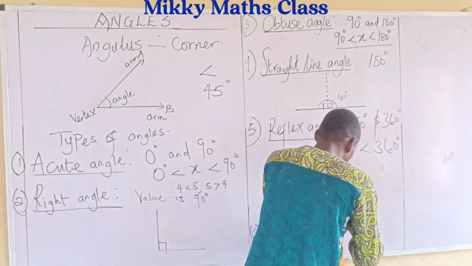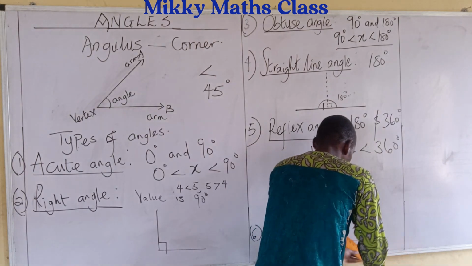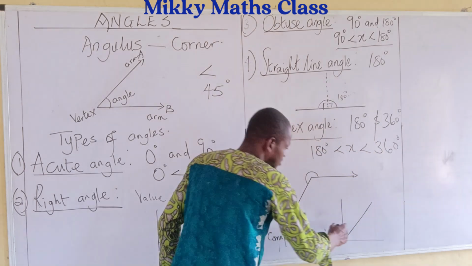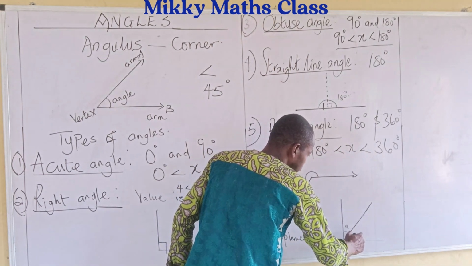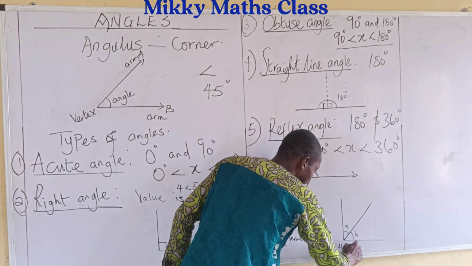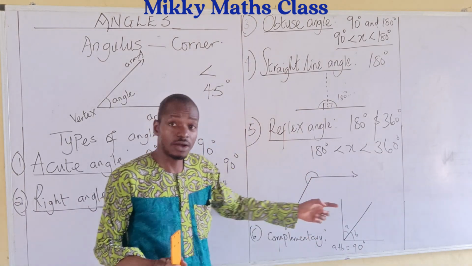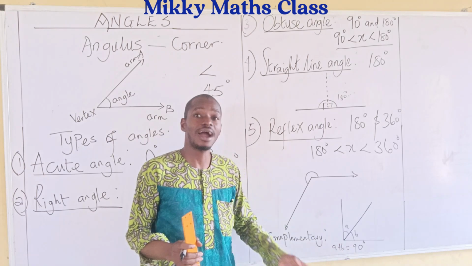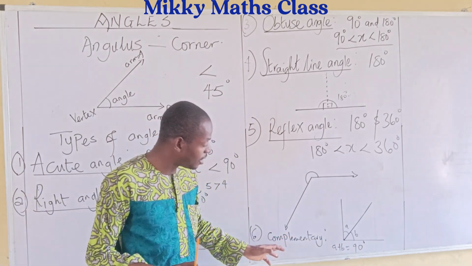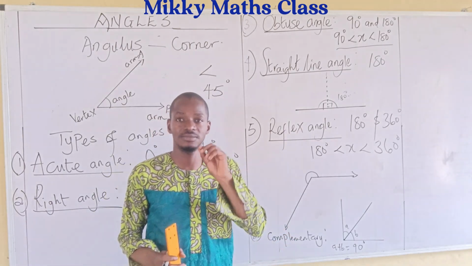So, I have something like this, and I have an angle in between them. Let's say this is A and this is B. Now, if I add A and B together and I have 90 degrees, that means angle A and B are complementary angles. So take note, complementary angles add up or sum up to 90 degrees.